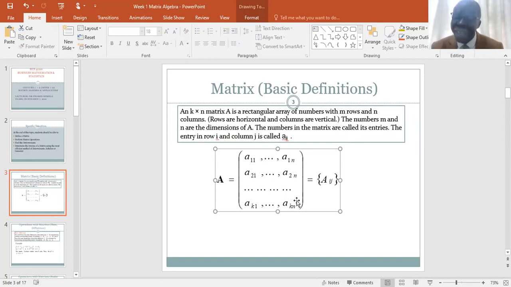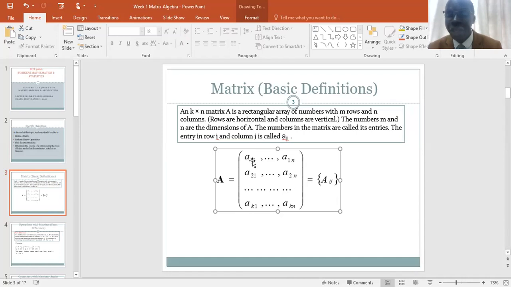which can also be condensed in this form. The curly bracket, Aij, subscript, where i moves from 1 to m. In this case, I'm calling this m. And j moves from 1 to n, n columns. j is the jth column, i is the ith row.